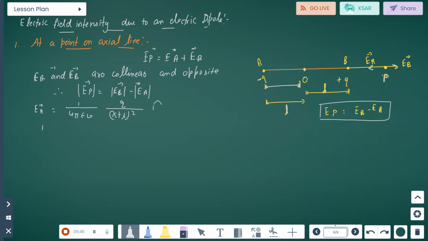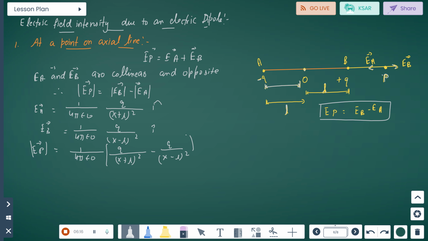Similarly, for EB, we have 1 by 4 pi epsilon naught Q divided by (x minus L) square, I vector, and for EP mod we have 1 by 4 pi epsilon naught Q, taking 1 by 4 pi epsilon naught common, then we have (x plus L) square and (x minus L) square.